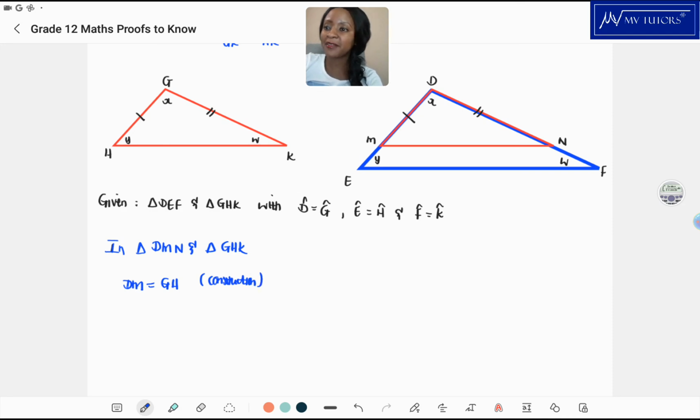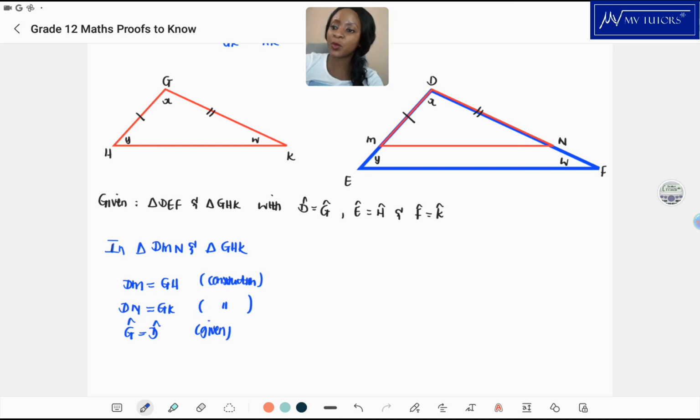Okay, and then we have that DN is actually equal to GK. Again, construction. All right, and then we know that from what was given that G is actually equal to D. Okay, so that was given.